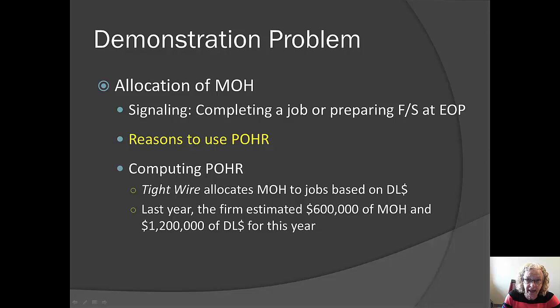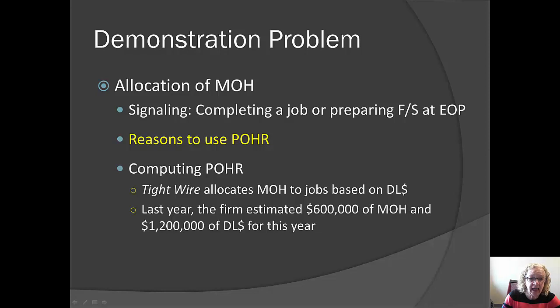We are going to assign our overhead using a predetermined overhead rate, POHR. There are two main reasons for using this predetermined overhead rate, a rate that we determine before the period ever starts.